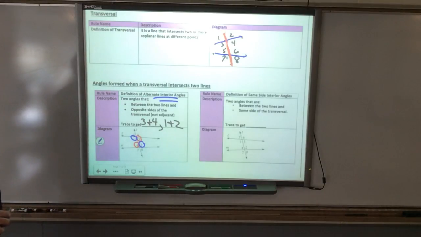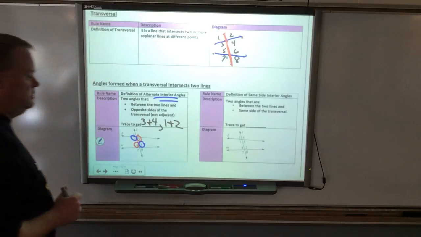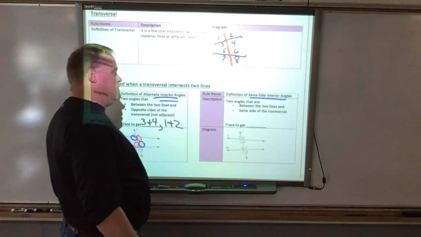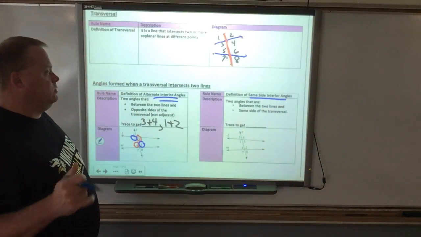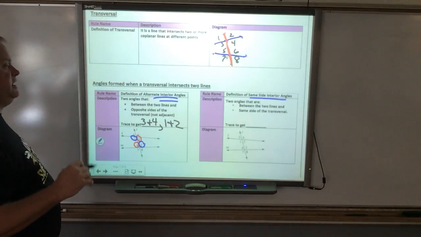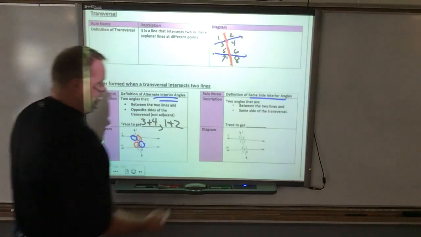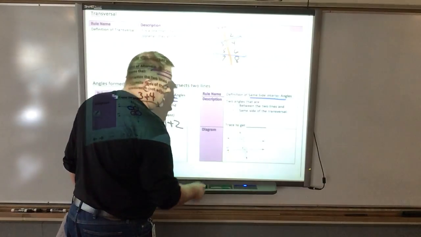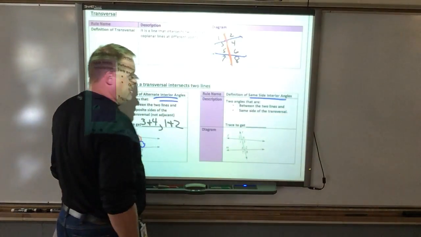The second one, same side interior angles. We're looking for the same side interior angles. They are between the two lines and on the same side of the transversal, meaning they're on the exact same side of the transversal line, but they have to be between the two lines.